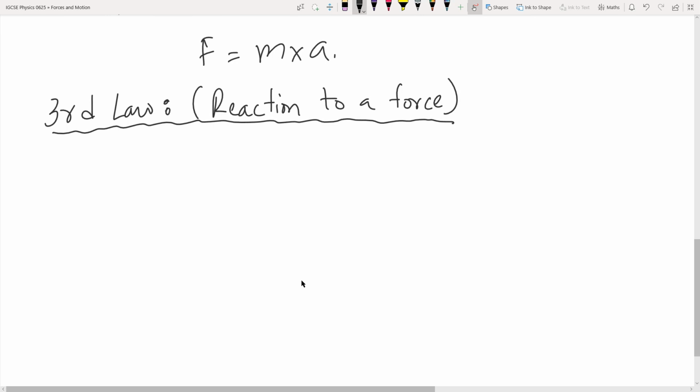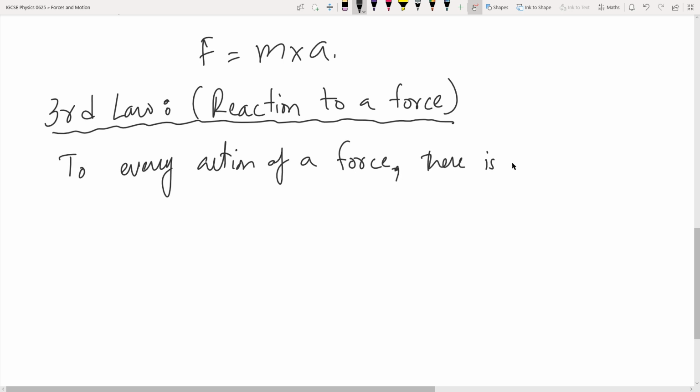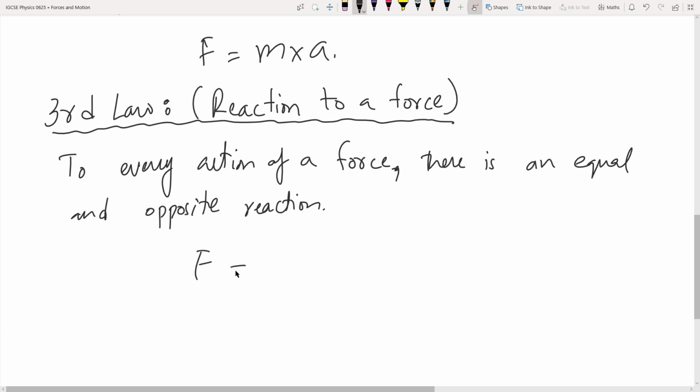So we can say, to every action of a force, there is an equal and opposite reaction, right? So that should be F is equal to minus R. And why the minus? Because the direction is opposite.